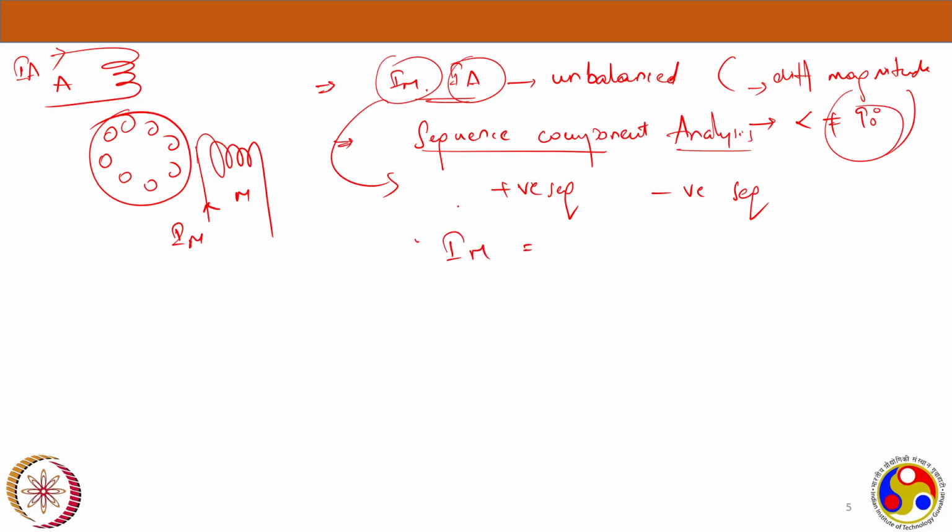I will write IM as a phasor sum of IM1 plus IM2, where 1 is positive sequence and 2 is negative sequence. Individually IM1 and IM2 would be balanced. That's the concept of sequence component analysis. Similarly, IA is IA1 plus IA2, the positive sequence component IA1 and negative sequence component IA2; individually they are balanced, but when added they will be unbalanced.